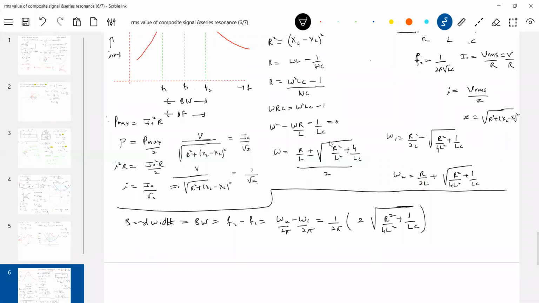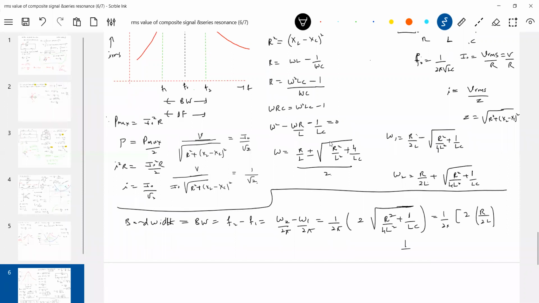Okay, now 1 by LC, this bracket term you can neglect. So we'll end up with 1 by 2 pi, and this will be R by 2L, I'll bring outside.